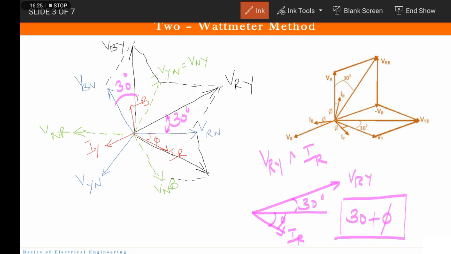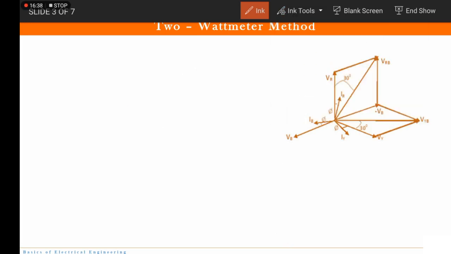This is true for all combinations of voltage and currents. The phase difference will be 30 plus phi. Got it? Okay. So let us now move ahead. So my equation, I was talking about W1, becomes IL VL cos(30 plus phi).